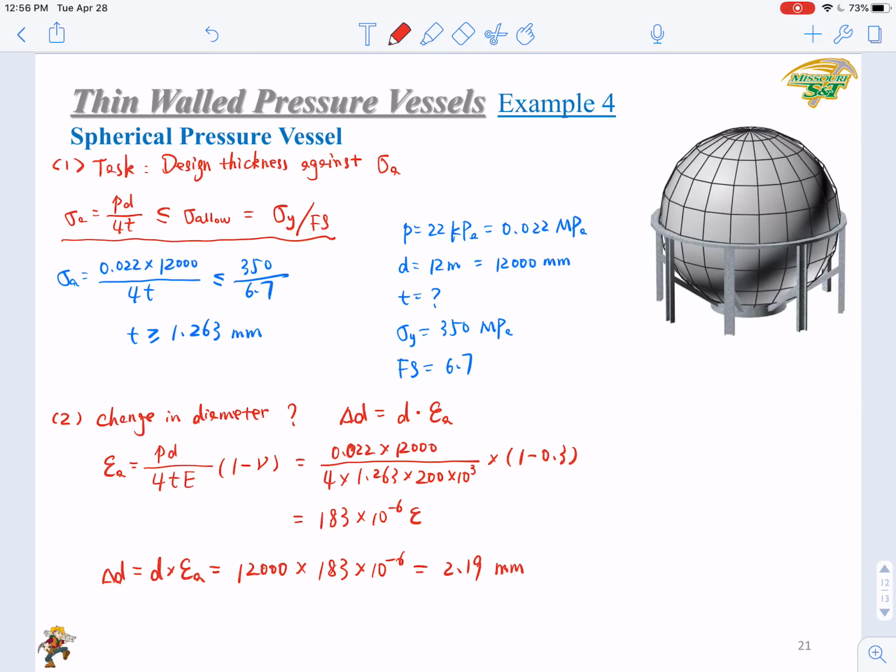That's it. So you can see that we just designed the thickness of a tanker, a spherical shaped pressure vessel. This is relatively simple, but if you are dealing with a capsule or cylindrical pressure vessel, it will be more complicated. But I believe you can also do it.